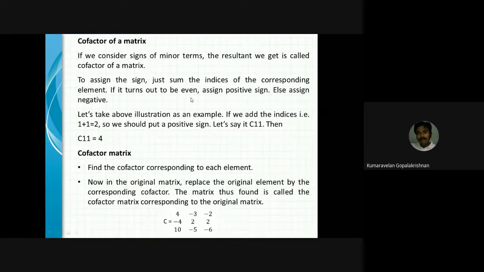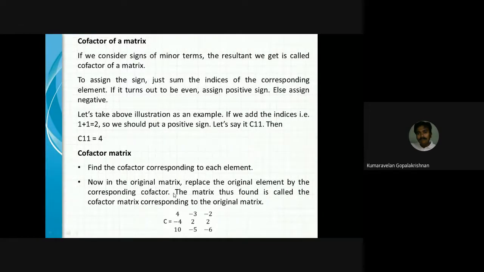If the sum is even, put a positive sign. If it is odd, assign a negative sign. That's all.